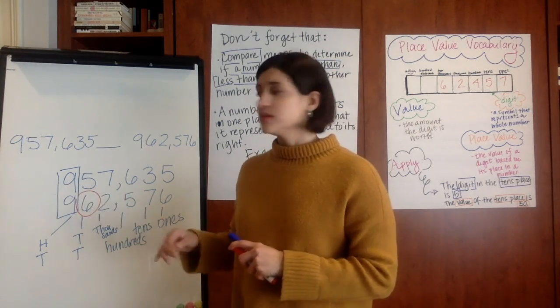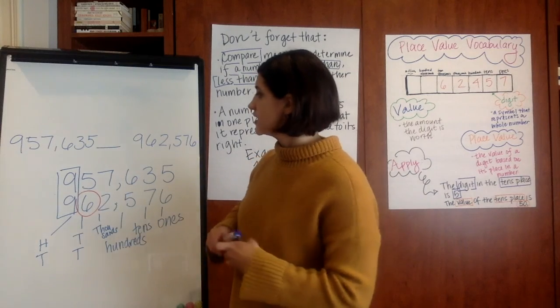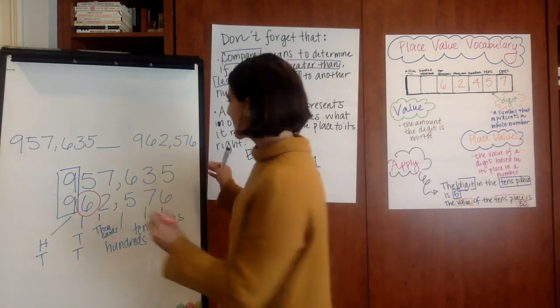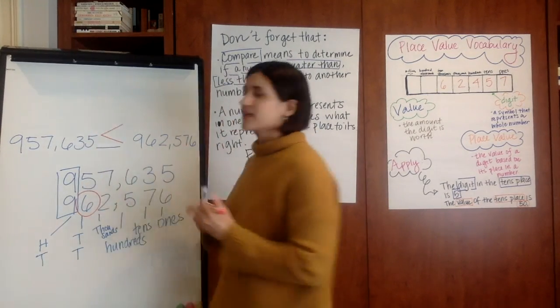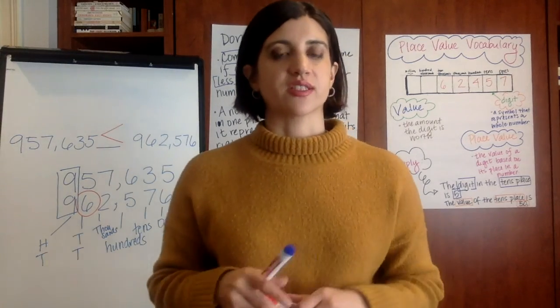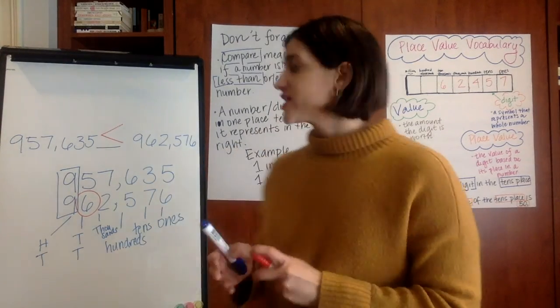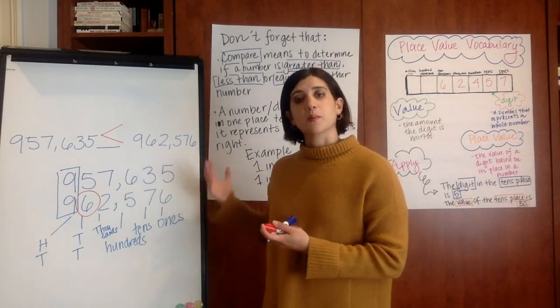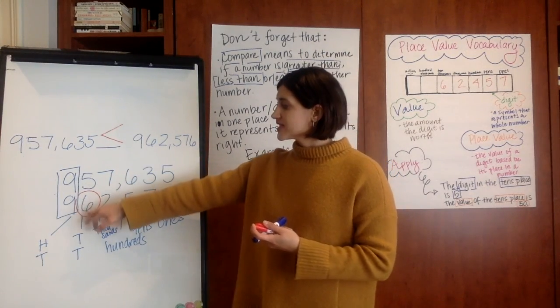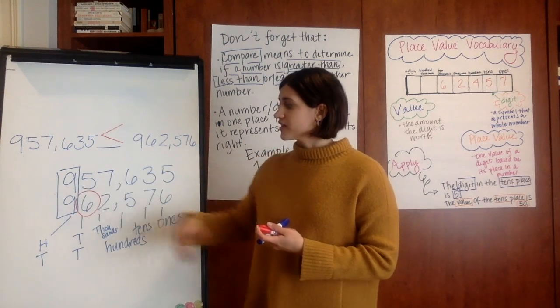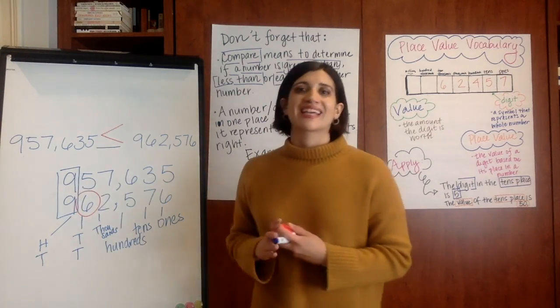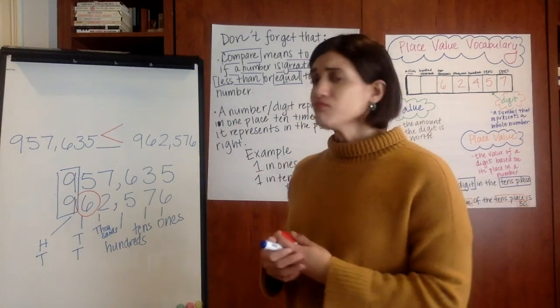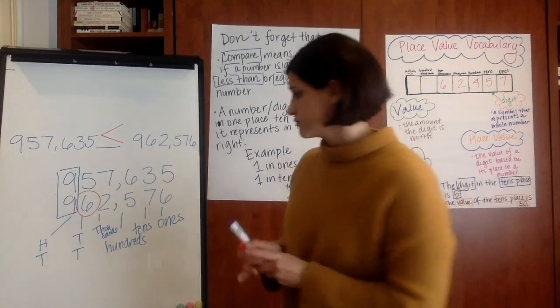Because now I can tell that 962,576 is bigger than 957,635. It doesn't matter how many digits are to the right, or even what the number is there, because the 6 is bigger than the 5 in the 10,000s place. That one is bigger. So let's check another one.